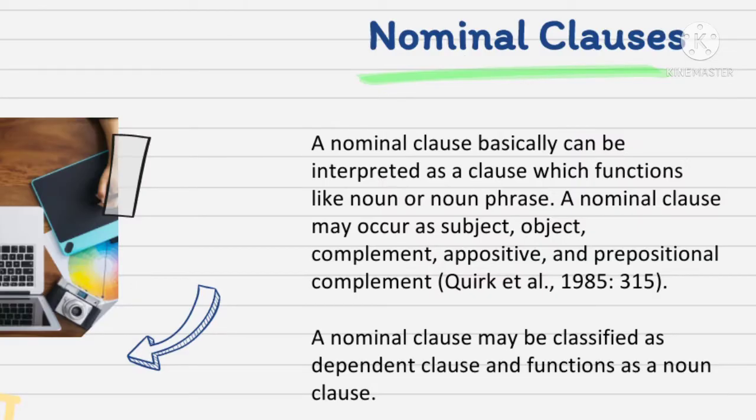In the next chapter, I want to explain about nominal clauses. A nominal clause basically can be interpreted as a clause which functions like a noun or noun phrase. A nominal clause may occur as subject, object, complement, appositive, and prepositional complement. A nominal clause may be classified as a dependent clause and functions as a noun clause.